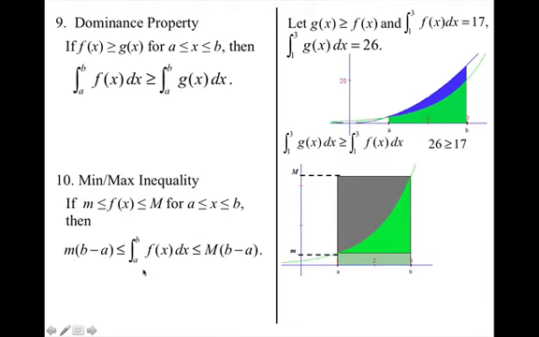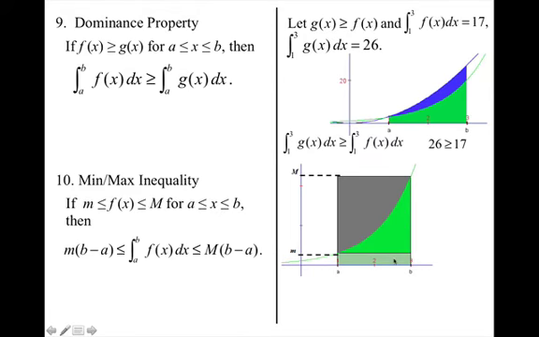So what this means is that if I was to find the area underneath the rectangle formed, if I was to draw a horizontal line where the minimum is, I would create a rectangle. This area of this rectangle has to be smaller than the area underneath the curve.